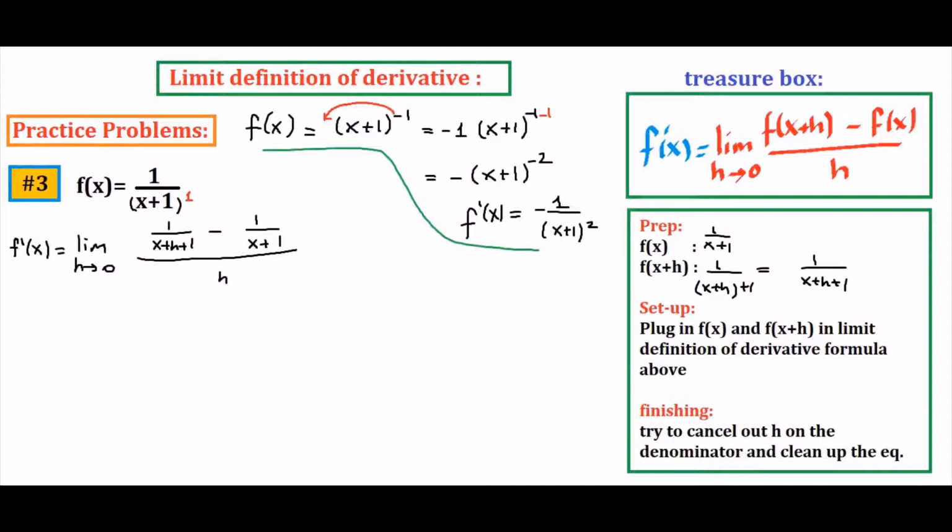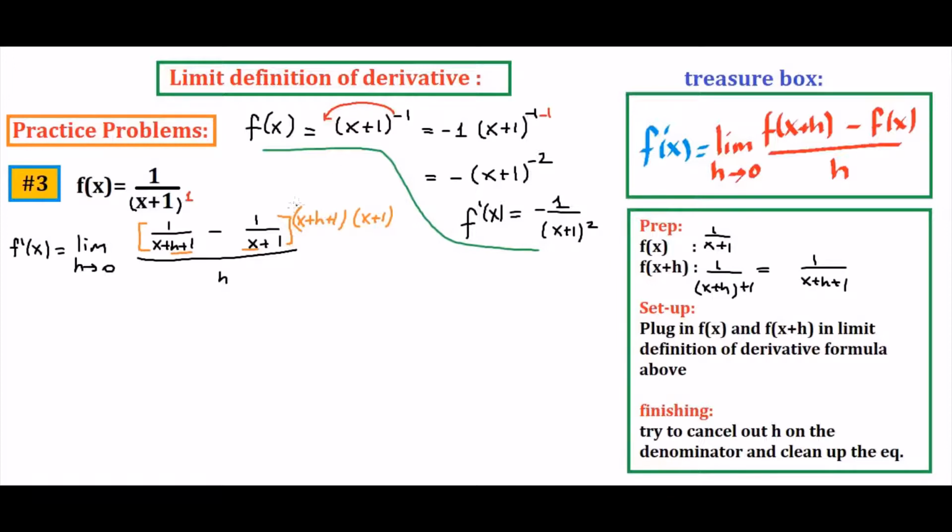So we need common denominator. We need exactly the same denominator to be able to merge this. So for this, we will multiply the whole equation on top by the common denominator, which is x plus h plus 1 times x plus 1.